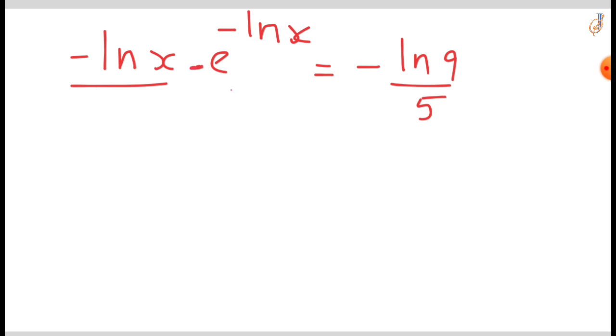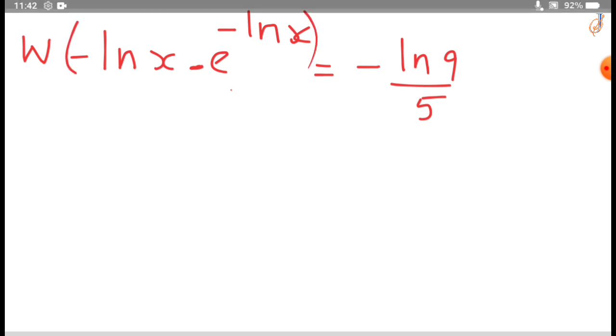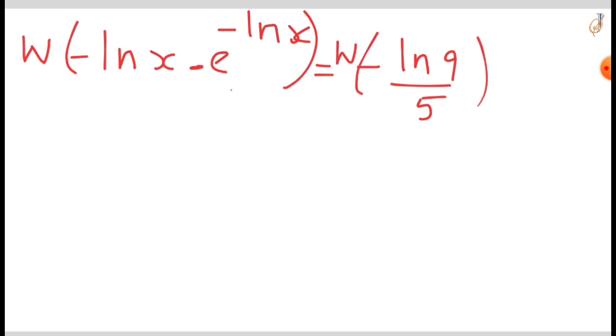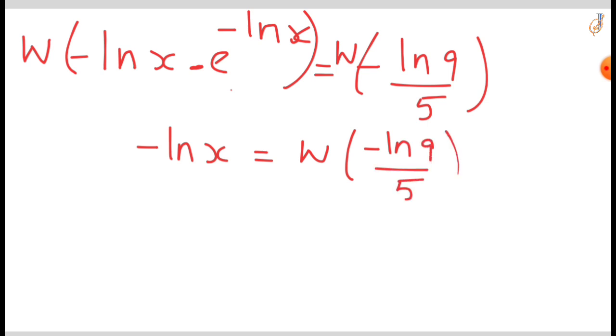So now we have to apply the Lambert function here. After applying, the left hand side turns into a, which is minus ln x, that is equal to W of minus ln 9 over 5. Here minus ln x is nothing but minus 1 times ln x.